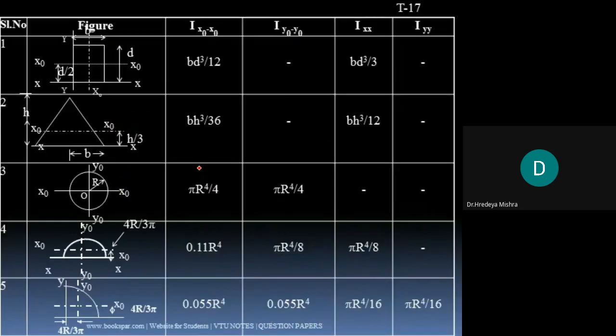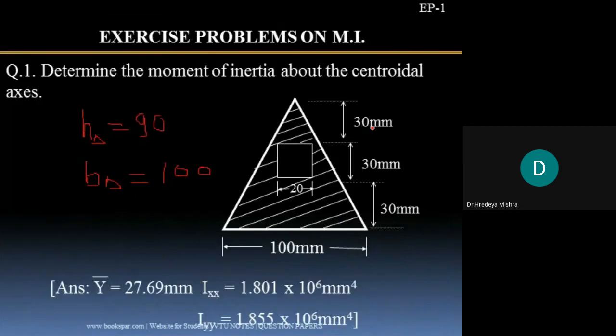What is the formula for the triangle? Ixx is b h cubed divided by 12. Assume that this is x and this is y.